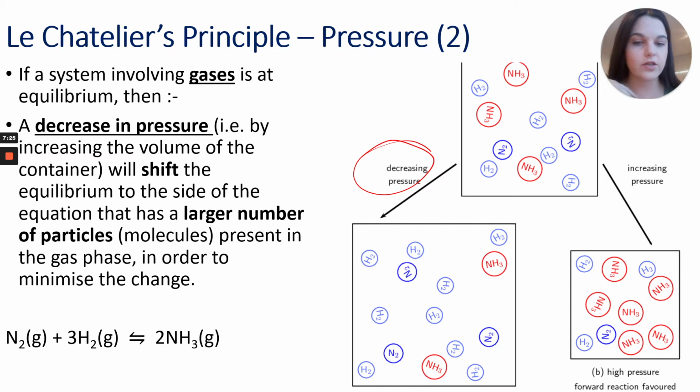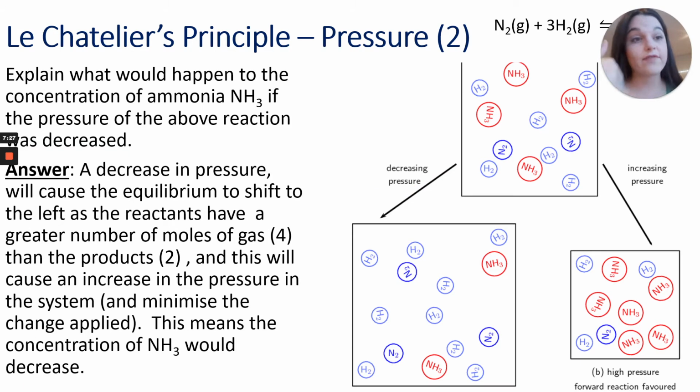So, remember I said in your NCEA answer, you have to refer to the number of moles of gas on both sides. So again, I've put a decrease in pressure will cause the equilibrium to shift to the left or backwards, however you want to say it, because there's a greater number of moles of gas. You have to say of gas. You can't look at any solids or liquids. There's 4 on that side versus the products, which have 2.